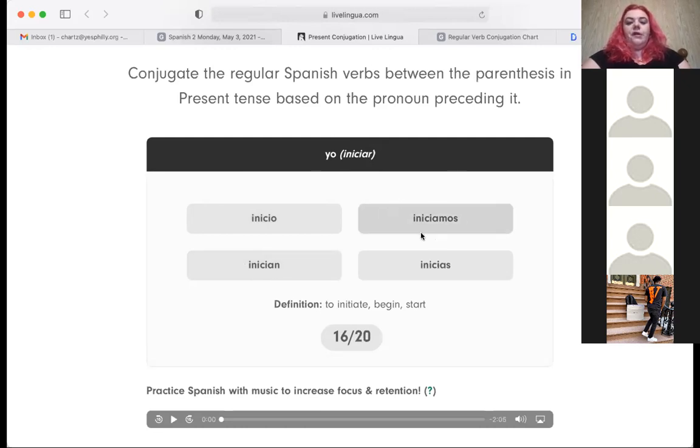Third one is iniciamos. And the fourth one is inicias. So our subject is yo. So is it going to be an O ending, an AN ending, the amos ending, or AS ending? Which one is it going to be? Anybody want to take a guess? It's an AR verb.